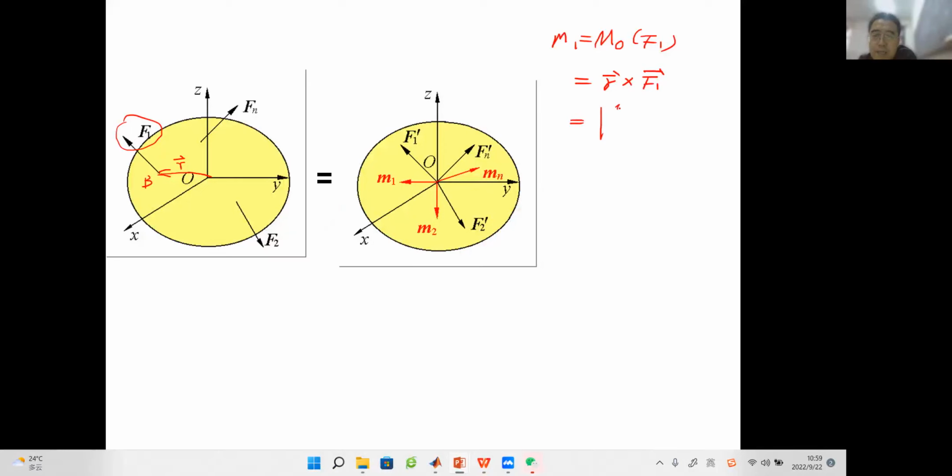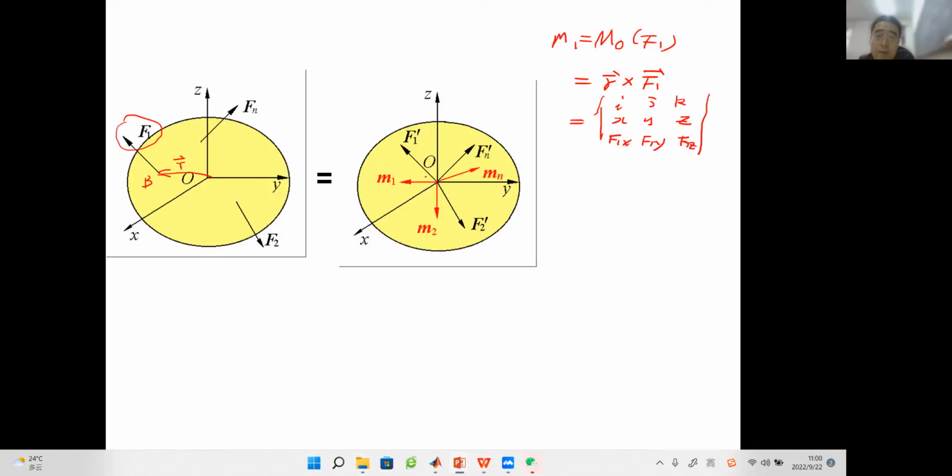It is i, j, k and x, y, z, the three components of a position vector r, and F1x, F1y, and F1z, right? We just need to calculate the determinant of this.